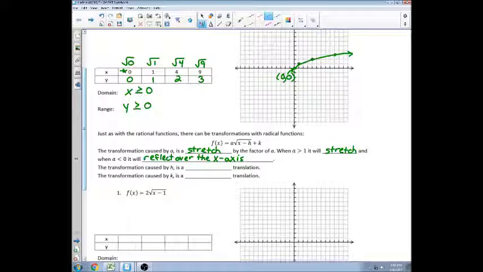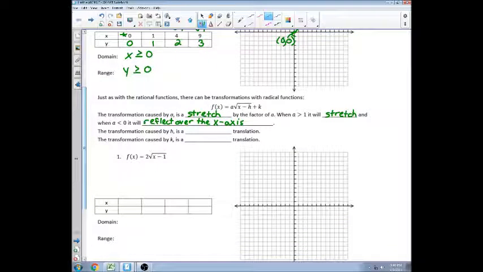And then the negative, no matter what my a value is, the negative is going to reflect it over the x-axis, and I'll show you what that means in 1 second as well. The transformation caused by h, it's the same idea as our last unit, where if it was underneath of the fraction bar, then we're going to move right or left. So it is a horizontal translation.